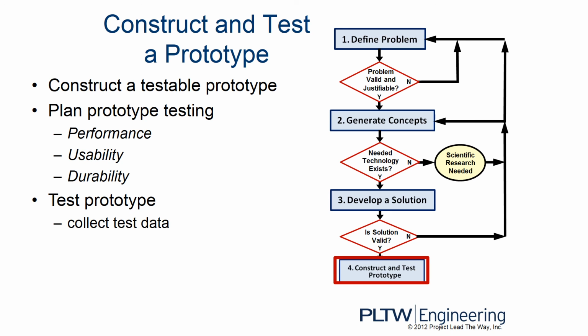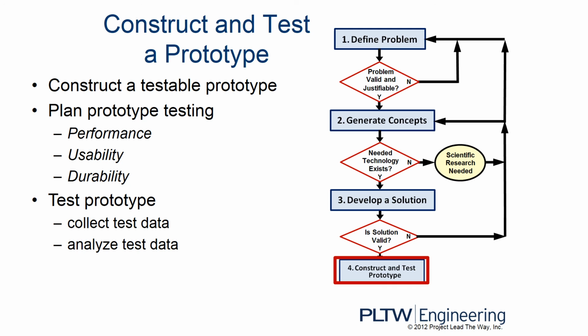So when you're testing a prototype, you need to always collect the test data, make certain that it goes into your engineering notebook, make certain that you record that, make certain that you collect more than one test. You need to think about and analyze the test data. What does it mean? Is it valid? Did I construct the test properly?